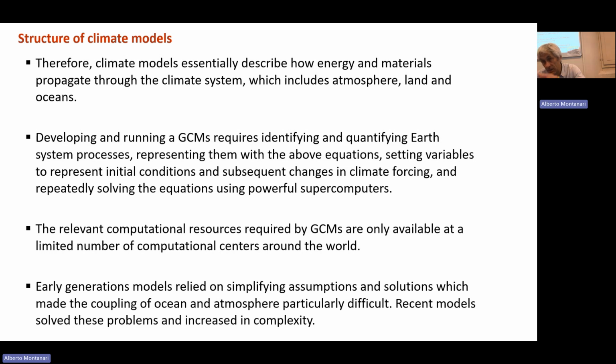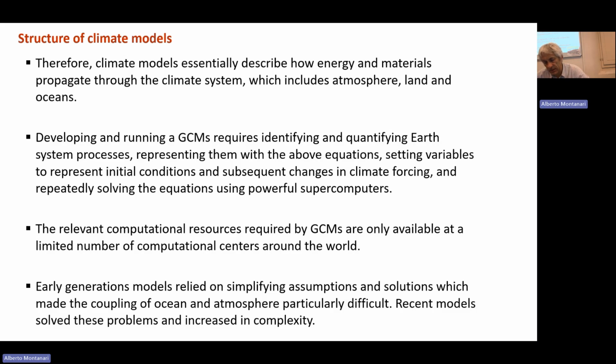I think Ray explained to you where the data can be found, where you can download the simulations. Yes, so he explained to you where the data can be found, and then this data serves to run the regional models.